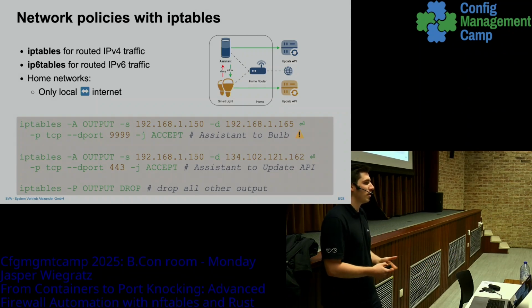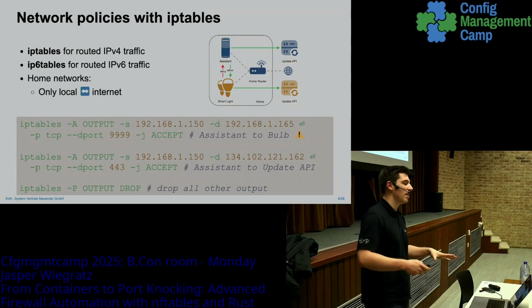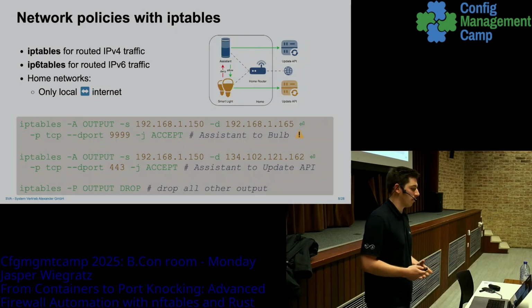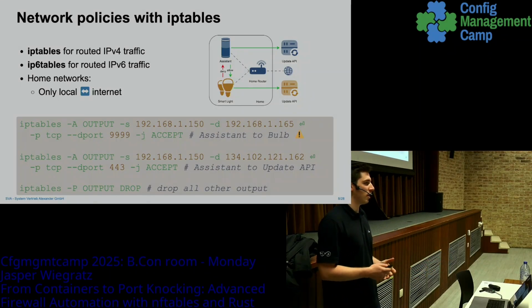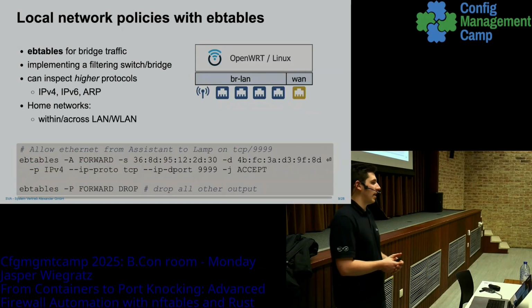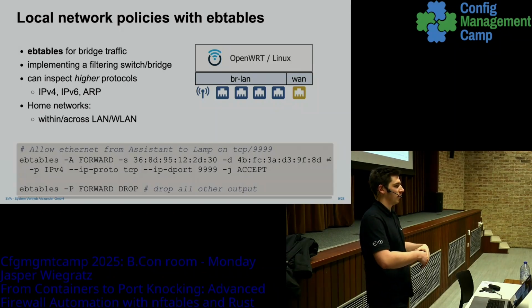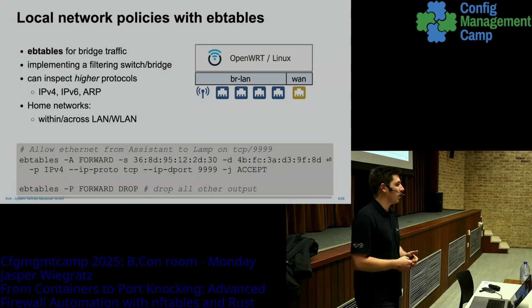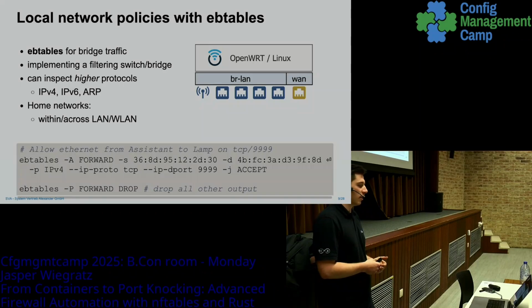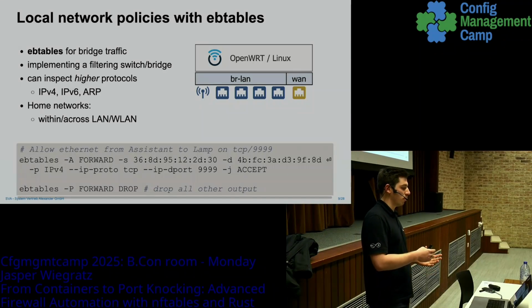So how can we implement microsegmentation ourselves in a Linux router, for example? We need to go deeper in the stack. We need to go to Ethernet and frames because we are at the switching layer. So we have ebtables for Ethernet, right? So that acts on bridges.